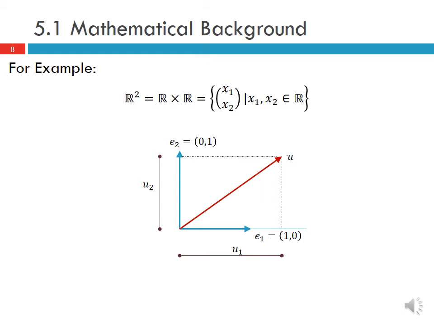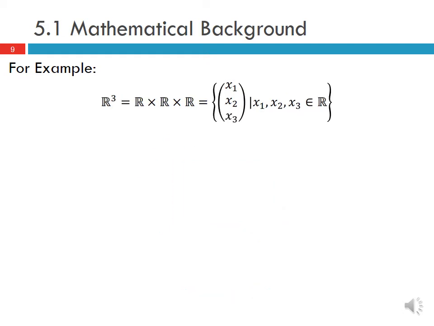For example, this vector u has two components, u1 and u2, and each is a real number that is a coefficient, and e1 and e2 are the vectors that describe the principal directions. So we can represent the vector u as this combination, u1 e1 plus u2 e2.